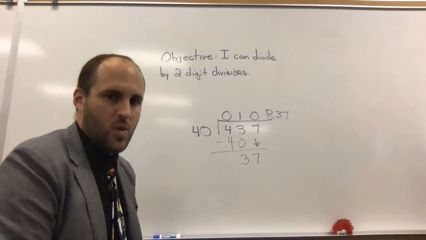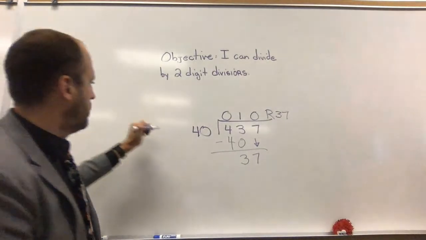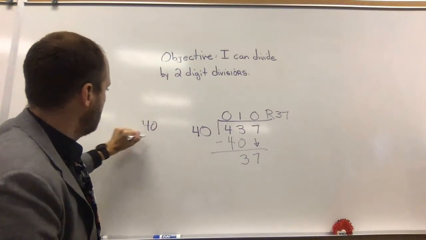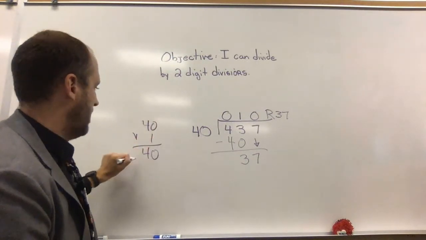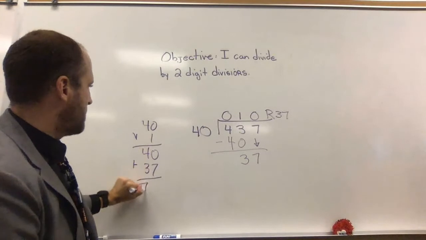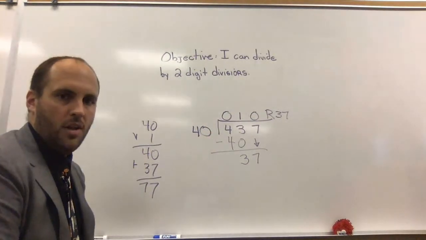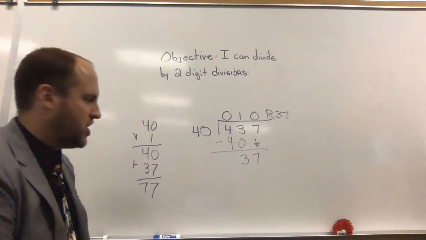And watch what happens when you check your work for this. Let's say you did write 1 for your answer. 40 times 1 is 40 plus 37. That's going to give you 77. And you're going to be super confused because you did all the work right and your work isn't checking out.